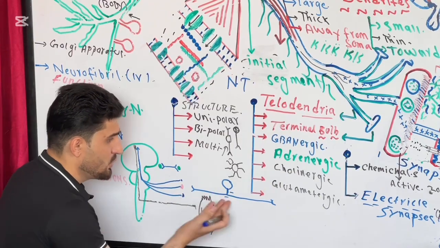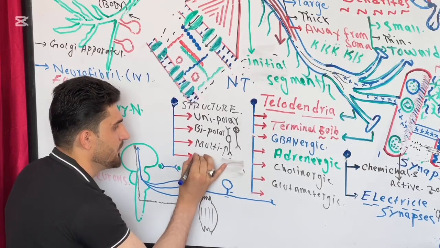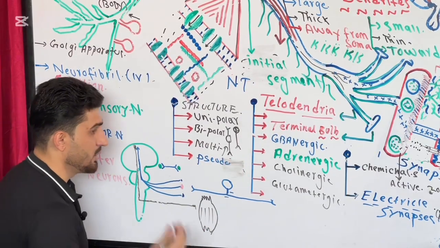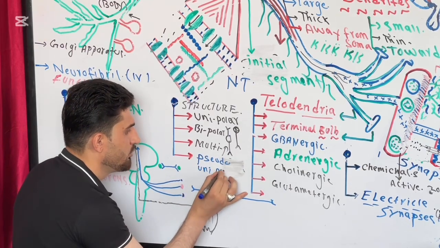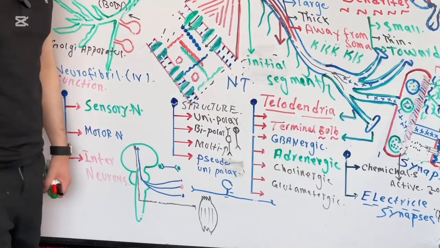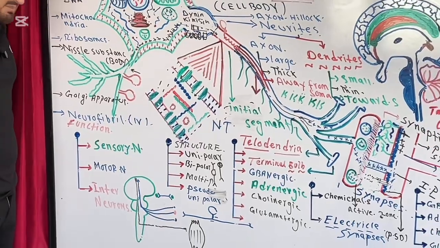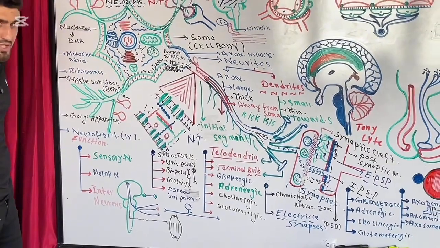These are not truly unipolar and not bipolar, so they are called pseudounipolar neurons. We have this type of neuron in our spinal cord, for example in the dorsal root ganglion.